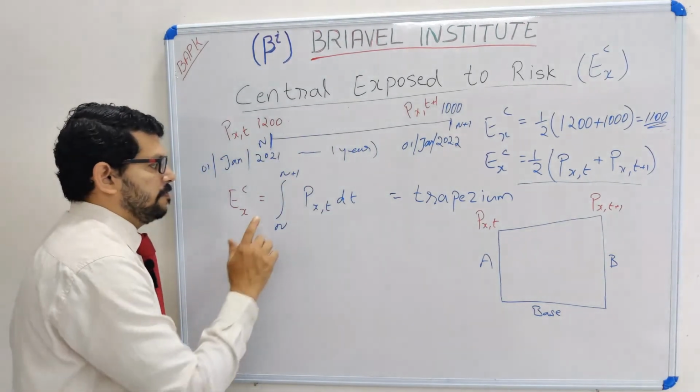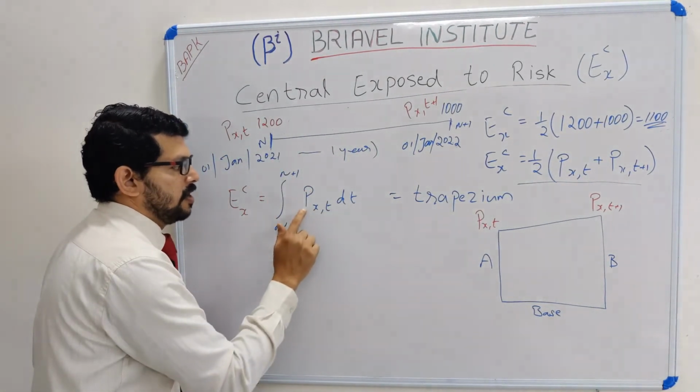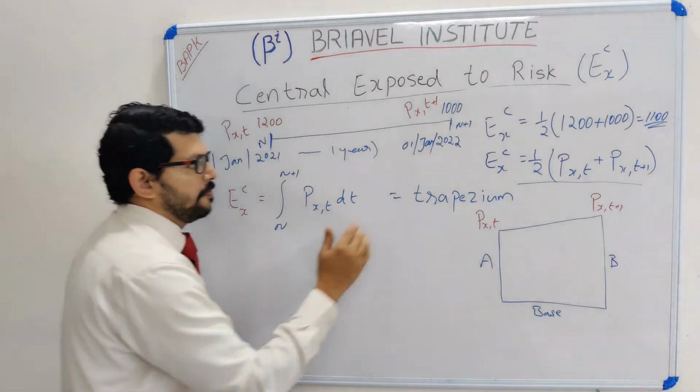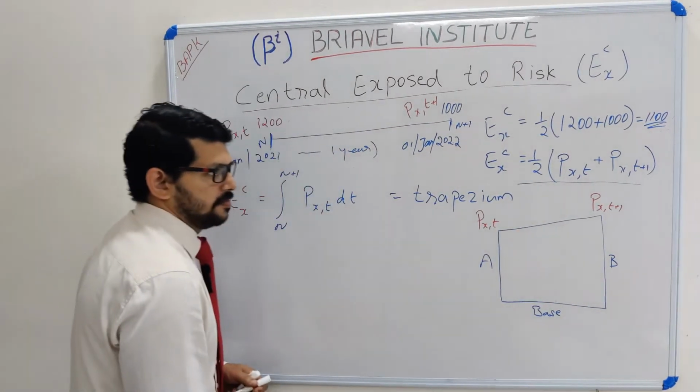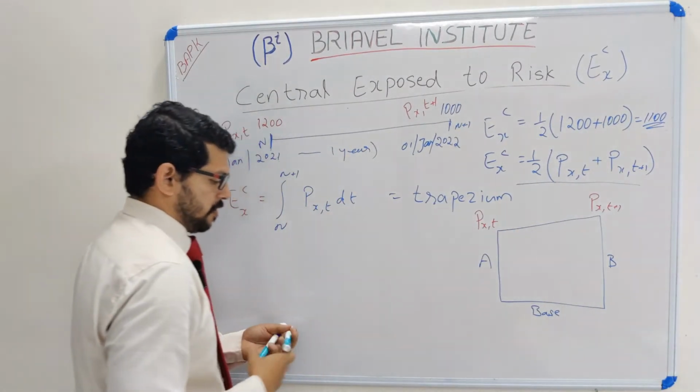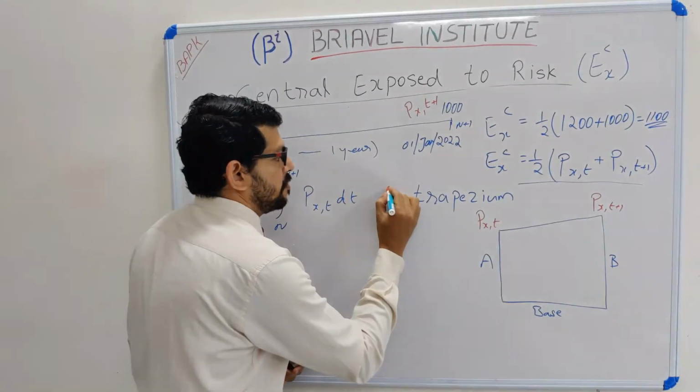So this integration from n to n plus 1 of P of h comma t dt is approximately the area of the trapezium.